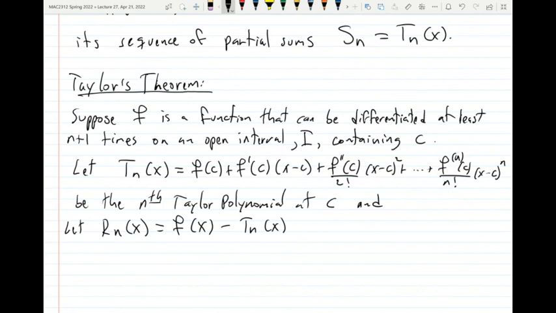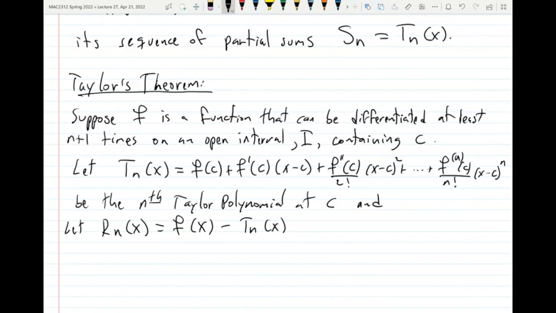So basically, here's what I'm doing. We have a function that you can take at least n plus 1 derivatives of. Then let Tn be the nth Taylor polynomial. Notice that you can do at least n plus 1, so n is 1 less than n plus 1. I have my function, I have the Taylor polynomial, and I'm looking at the difference. We're calling this Rn.